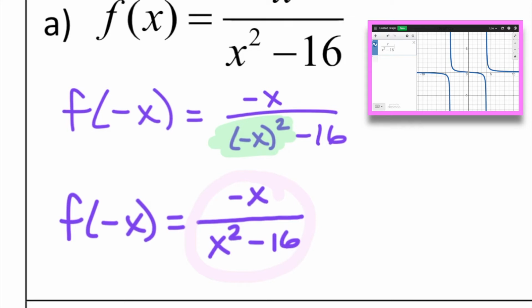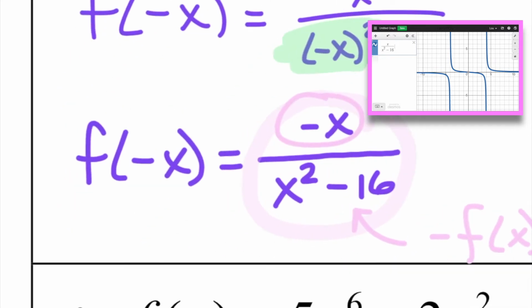So that whole fraction now is negative f of x, because that whole fraction has become negated just because the numerator was negated, even though the bottom stayed the same and the top changed, so the whole fraction is negated.